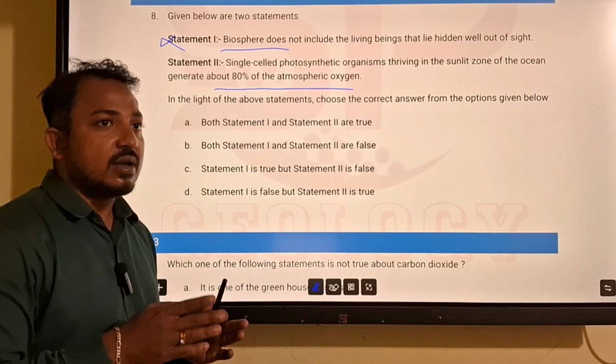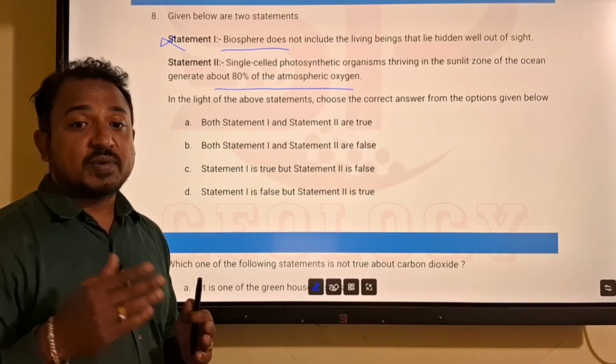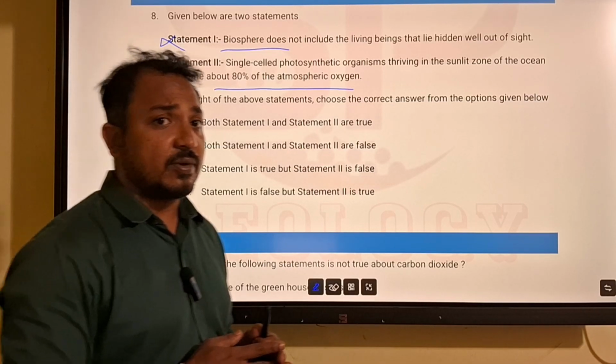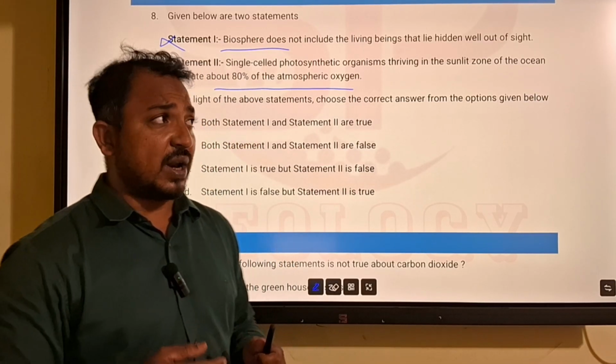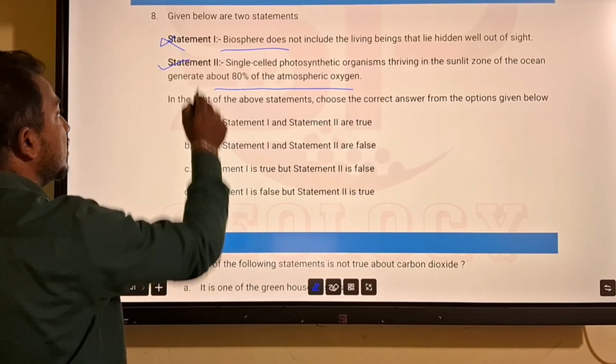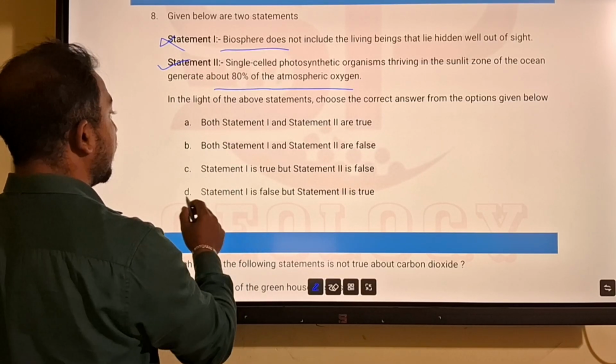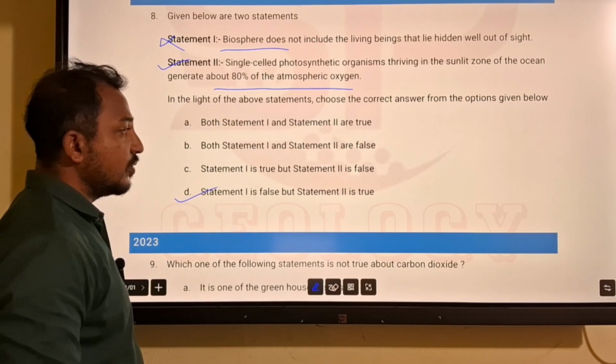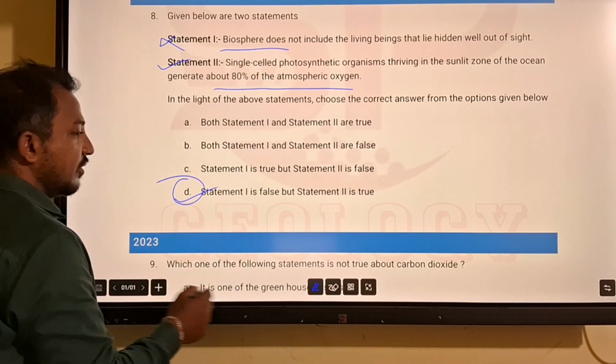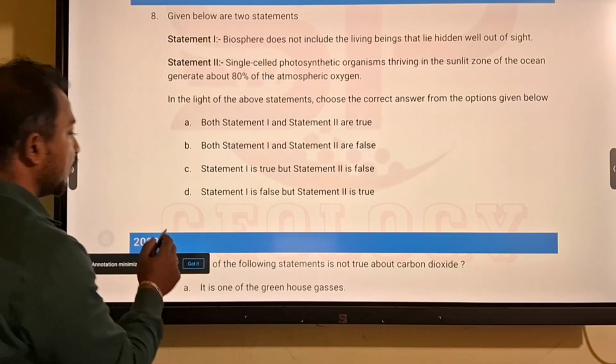You can take the percentage between 50 to 80% of the atmospheric oxygen of the world. It is provided by phytoplankton. So this statement is true. That means statement 1 is false and statement 2 is true. The option D will be correct.